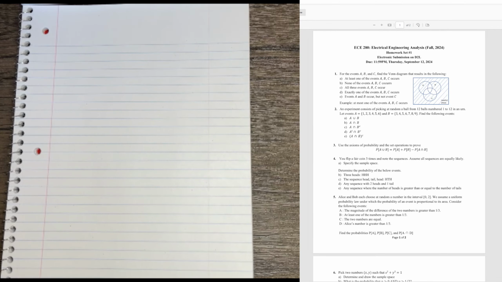For the events A, B, and C, find the Venn diagram that results in the following. Did I want to start with this one? Not really, but I'll start with this one, I guess.